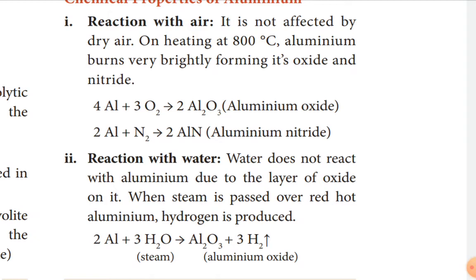So 2Al plus 3H2O. H2O is the formula of water, but steam is also a state of water, and steam reacts with aluminum to form aluminum oxide and hydrogen.